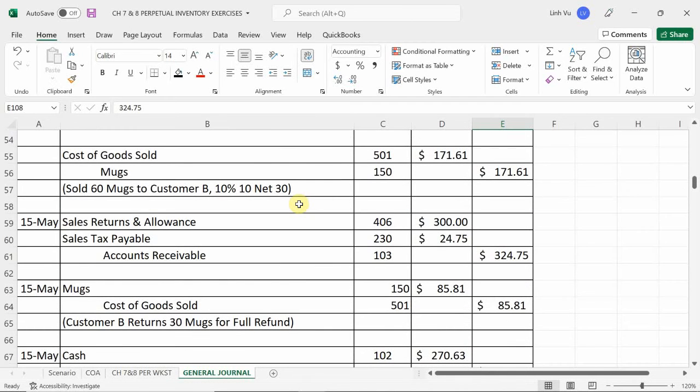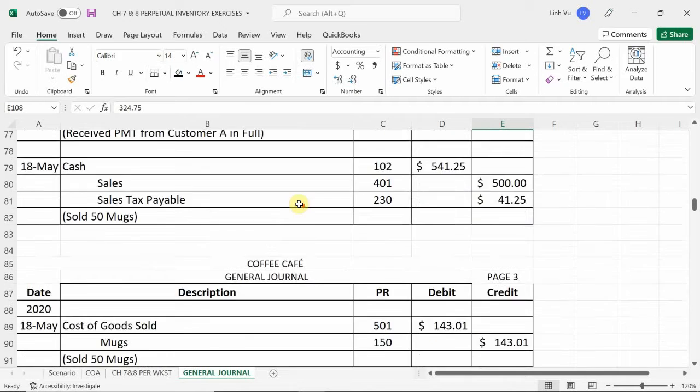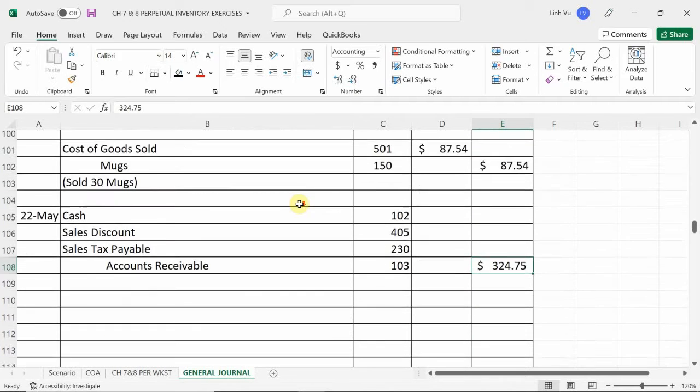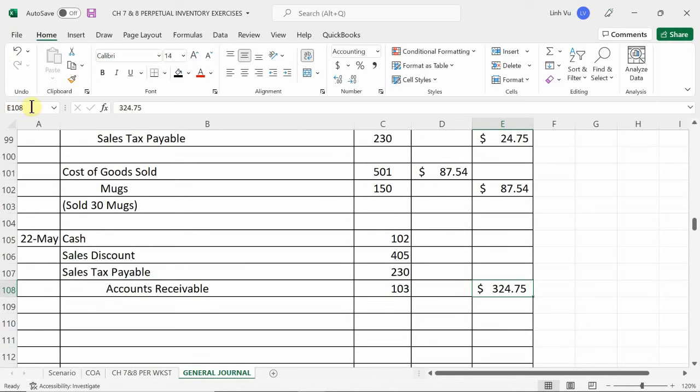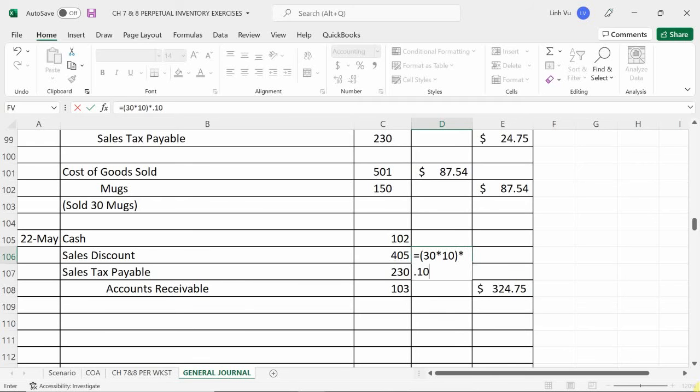So what is 10% on those 30 mugs, if we charge each mug at $10? What is 10% of the total amount of sales we actually sold to customer B? They're getting a discount off what we sold to them. $30 discount.